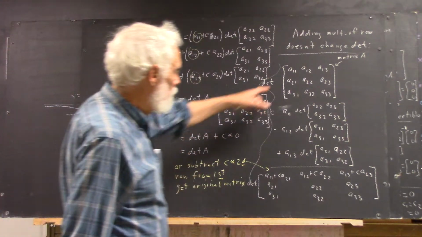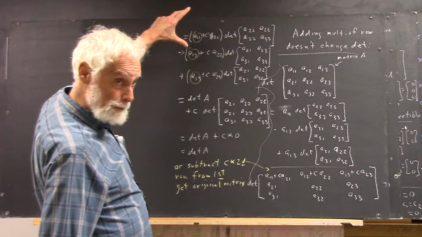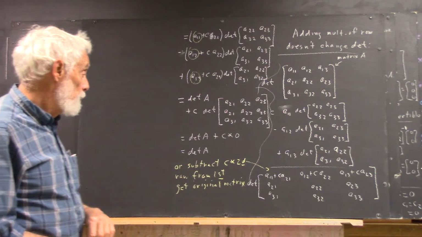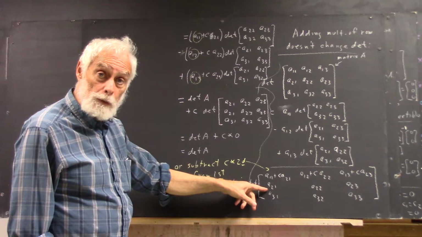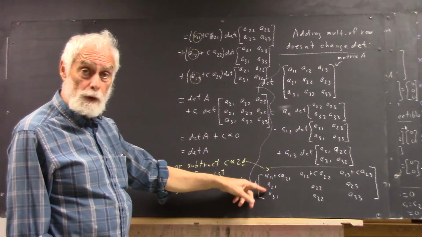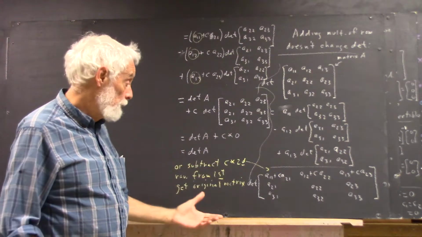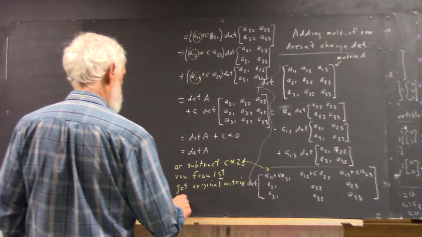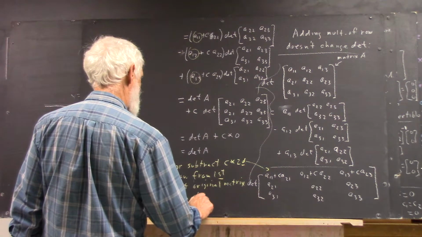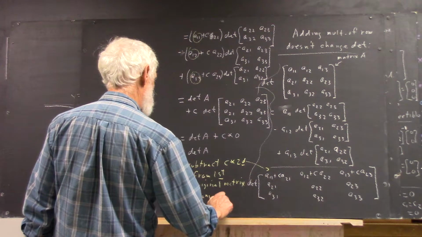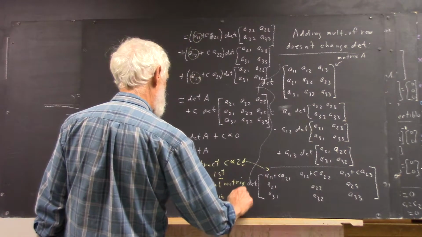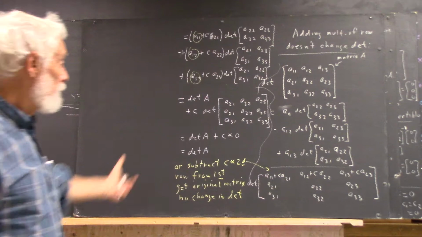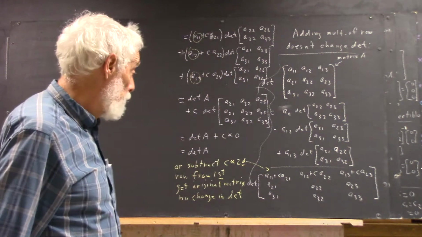So we didn't have to go to the trouble of writing all this stuff out, because we know that when we add one row to another, we don't change the determinant. So there's no change in the determinant. So that's two ways that we could do this.